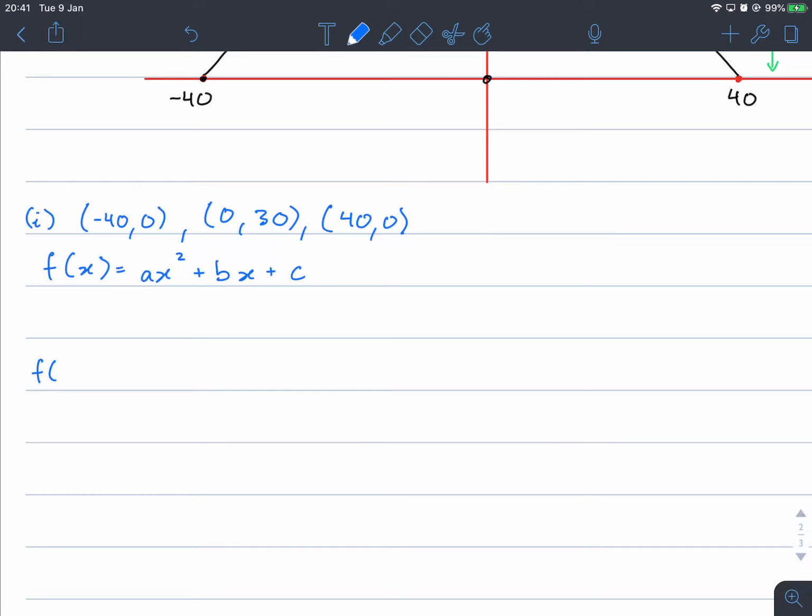If we take f of negative 40, this will give us a times negative 40 squared plus b times negative 40, plus c is equal to, well, it shows here that if x is equal to negative 40, f of negative 40 is this answer here. So it's going to be 0.